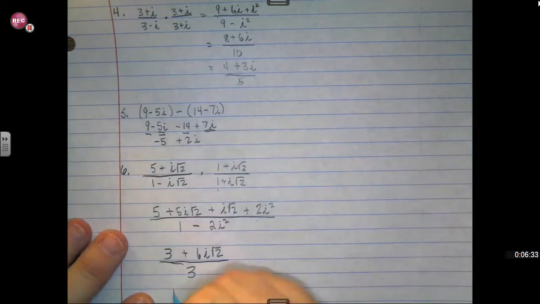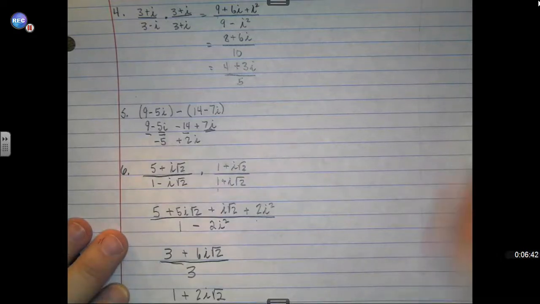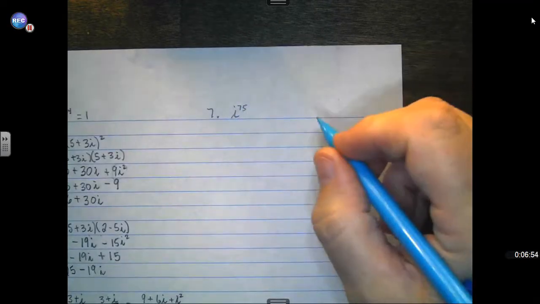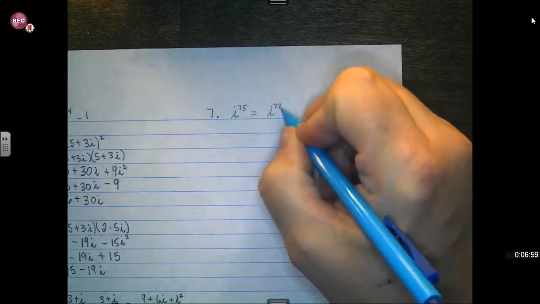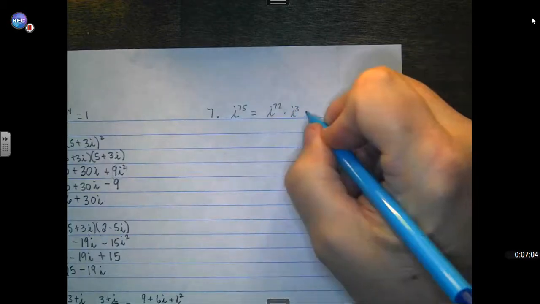So my answer would be 1 plus 2i square root 2, and the denominator is gone. For number 7, we have i to the 75th. I think the closest multiple of 4 would be i to the 72. Then that would leave us with i to the 3rd, which is minus i.